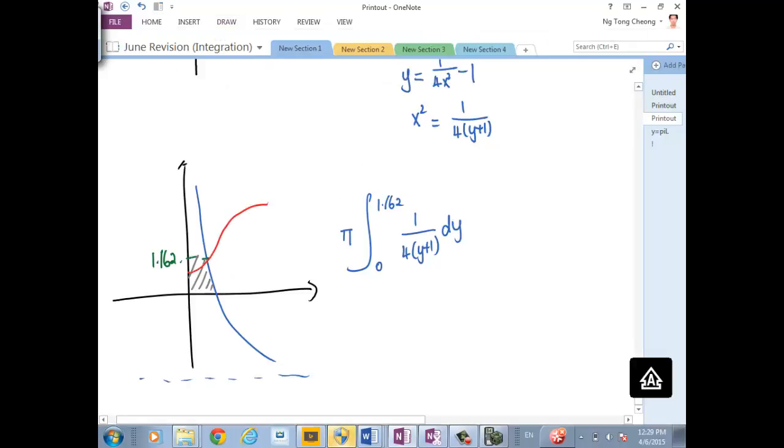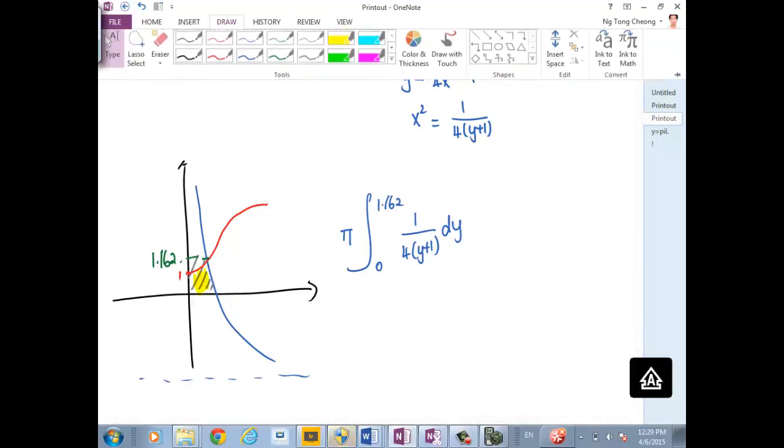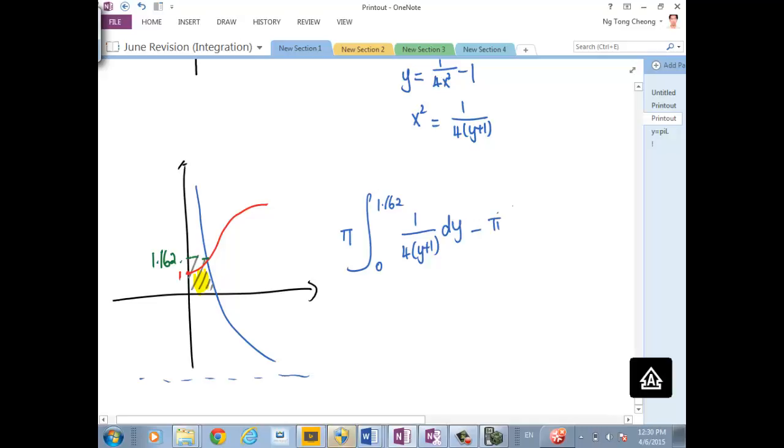But you realize that I do have something that is redundant, because the one that I want is actually just this part. The redundant part is bounded by the red color curve and the y-axis, so I need to subtract it. It's bounded by the red color curve and the y-axis from 1 to 1.162.